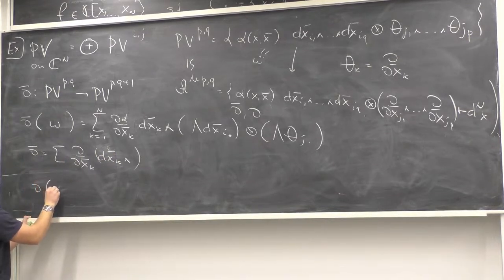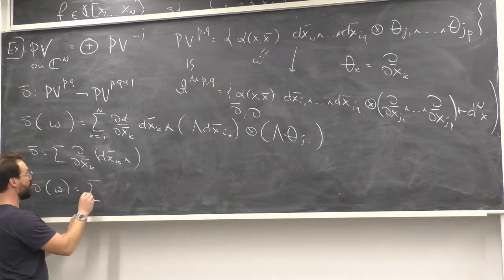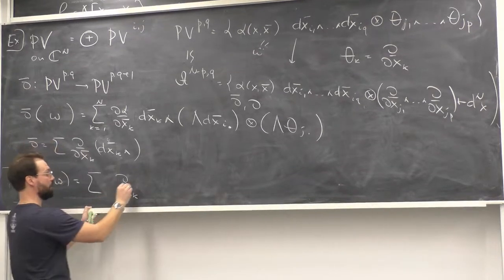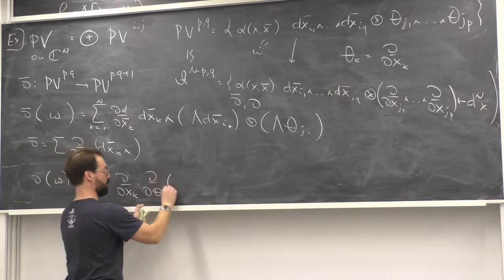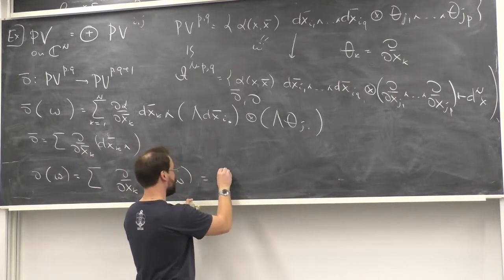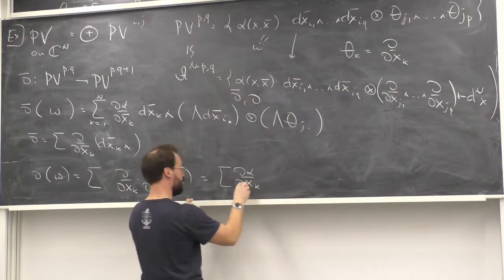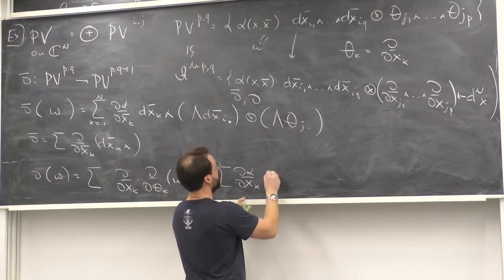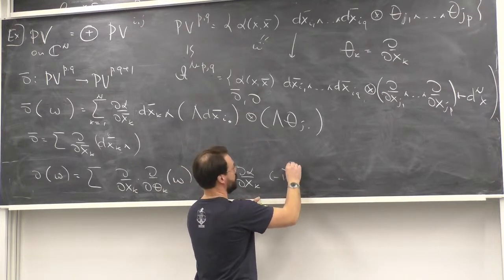And d acts on omega in a more complicated way. This is the sum of d by dx_k, d by d theta_k, and this is d alpha by dx_k, holomorphic. And next, one should apply, well, I can write like this.